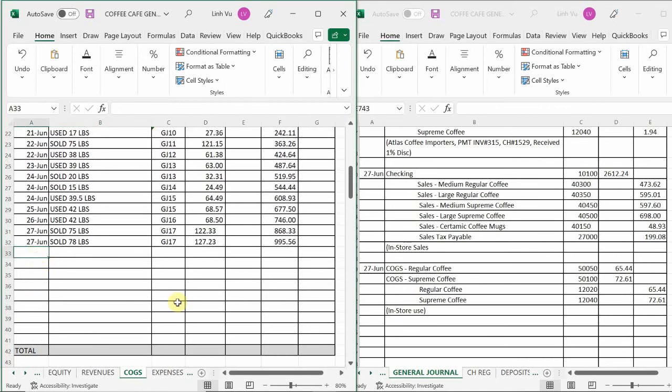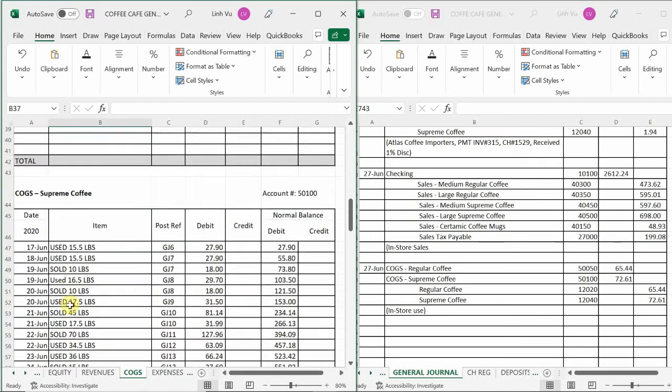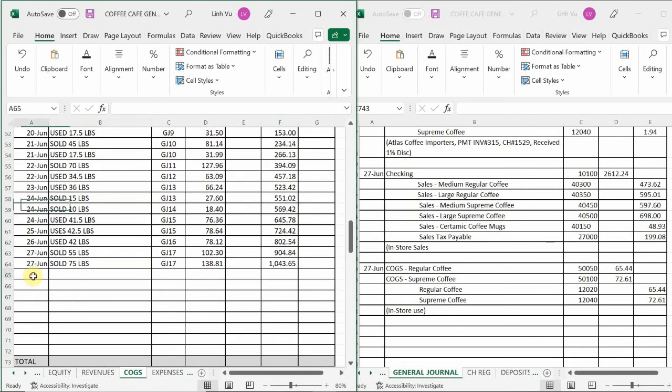Regular coffee, we used 40 pounds. Page 18 for 65.44. Okay, that should give you a grand total of 1,061 even. Supreme, we used 40 pounds.